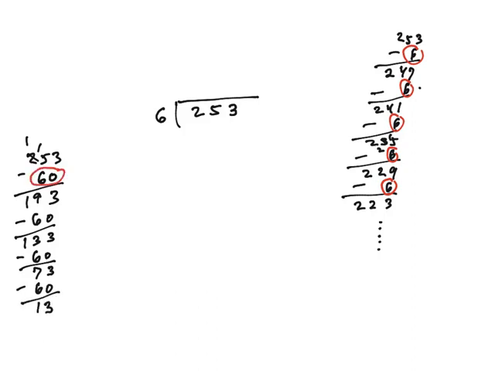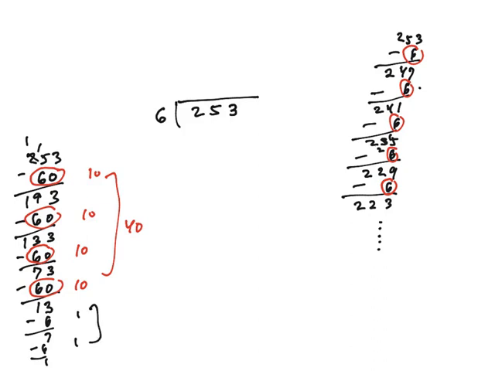And at this point, I've taken away 10, 20, 30, 40 sixes. I've taken away altogether 40 sixes. But I still have some cookies left over. So I have 13. So now I start taking away regular 6s. And I ended up taking away 2 more 6s. So I've taken away 42 sixes altogether, and I still have a cookie left over, remainder 1.